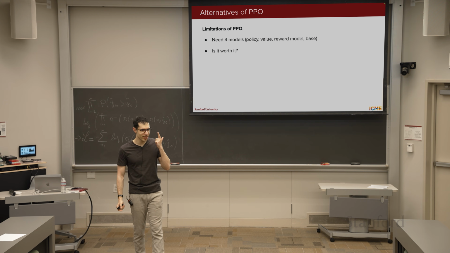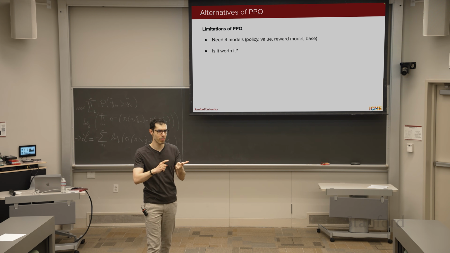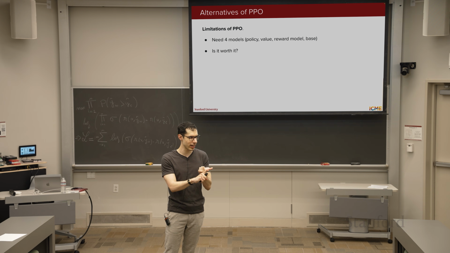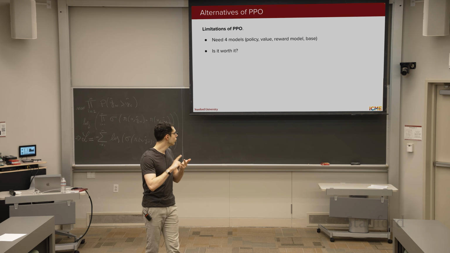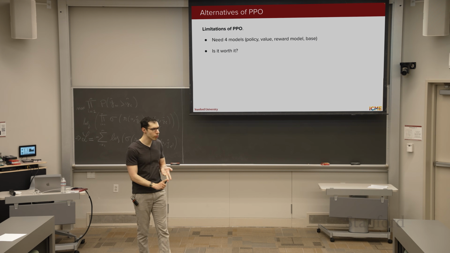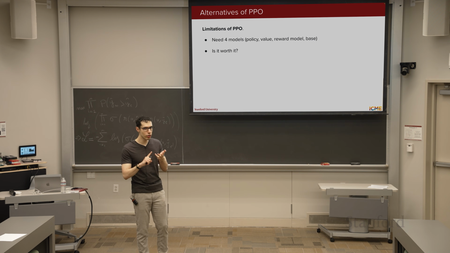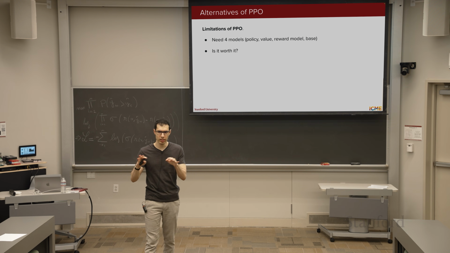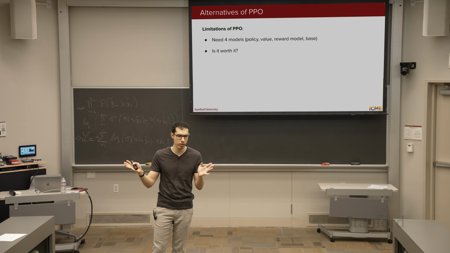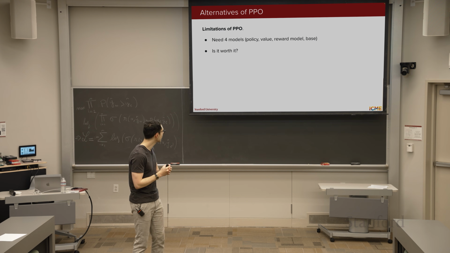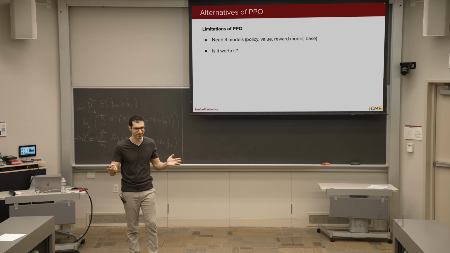You also need the value function, which I mentioned is used for the advantage estimation. You also need the reward model, of course. And then you need the base model. So the base model is frozen. It's just the SFT model, just to be able to compare with the current policy. So it's a lot of models.